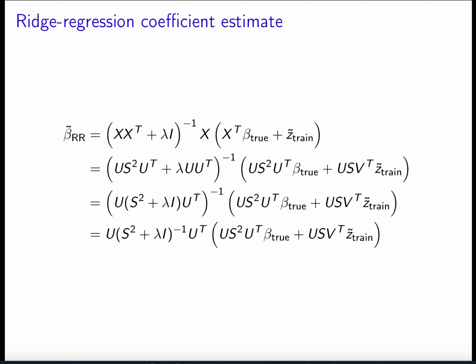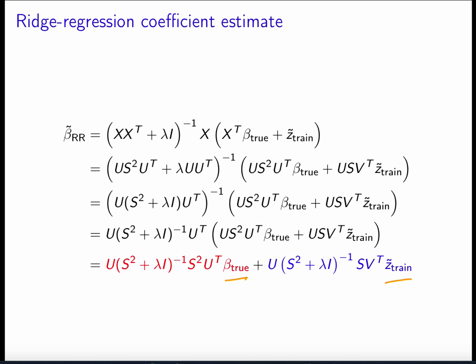So in particular, if you have U, a diagonal matrix, U transpose, and you invert this, it is just equal to U D minus 1 U transpose for a diagonal matrix, and you can check that, and this is this step here. What we end up with is two terms. One that depends on beta true and one that depends on Z train, okay?